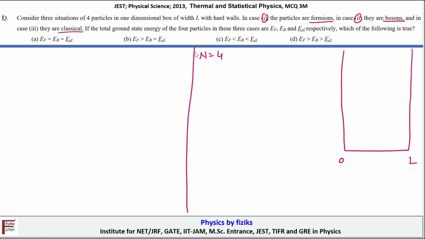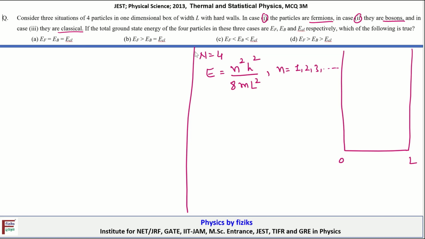So let's see. The energy of a particle in a one-dimensional box is given by E equal to n squared h squared upon 8mL squared, where n can take values 1, 2, 3 and so on.